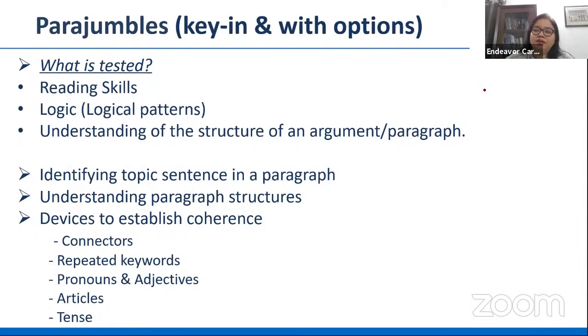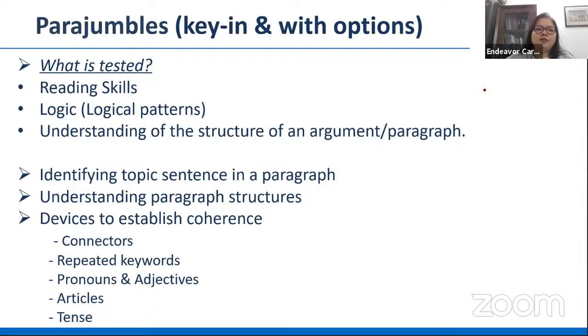And the third, which is, are you able to understand the structure of a paragraph or the structure of the argument in that paragraph? Do you relate to what is being presented by the author, the main idea that is being presented? Can you rearrange that? So there are multiple levels at which you can be tested in a parajumble, whether it's with options or without options, right?